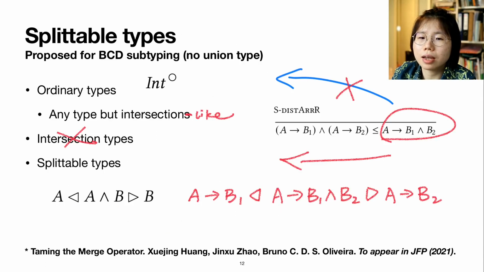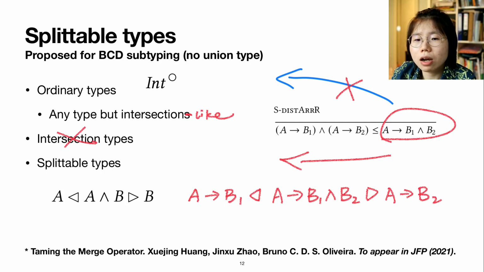Conventionally, types like int or top that are not intersections are called ordinary types. So any function types are ordinary. But as long as we have the distributivity rule, some function types can behave like intersection types. And note that the two types are equivalent.